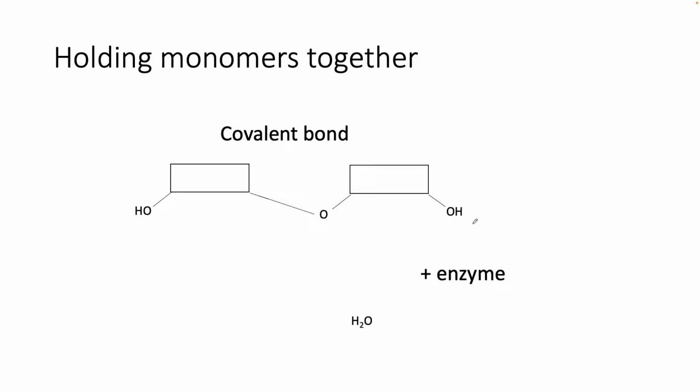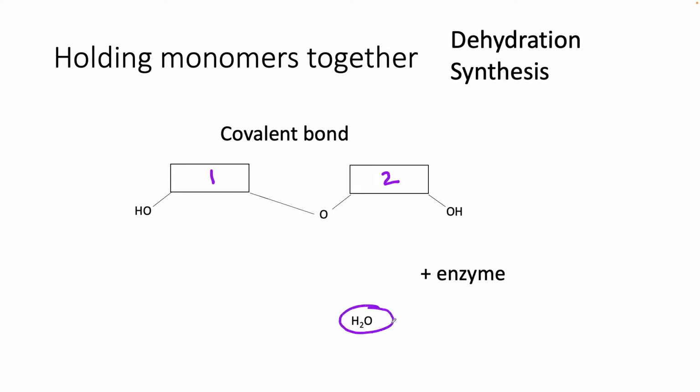And there's our covalent bond. So that oxygen that was left behind is going to hook together monomer 1 with monomer 2. And this is a specific kind of reaction called a dehydration synthesis. The reason it's called dehydration is because we're actually taking water away from the environment.